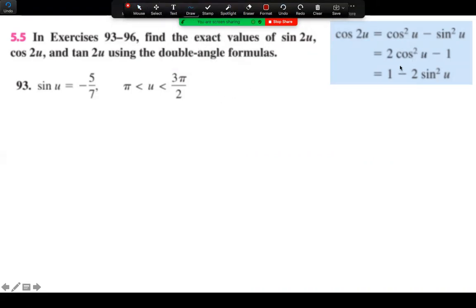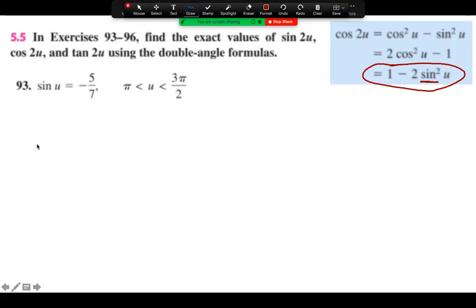There are different options here, but what I'd like to do is use this variant right here, because I already know the sine ratio. Sine is -5/7. There's no radical. It's easier for me to deal with.